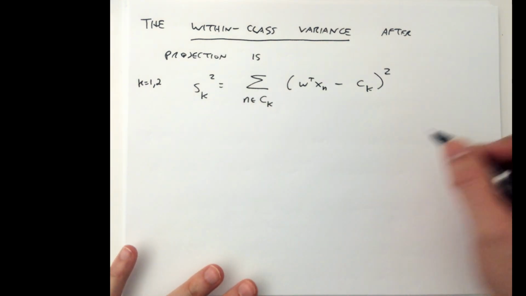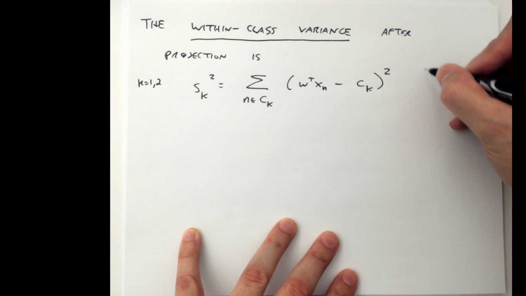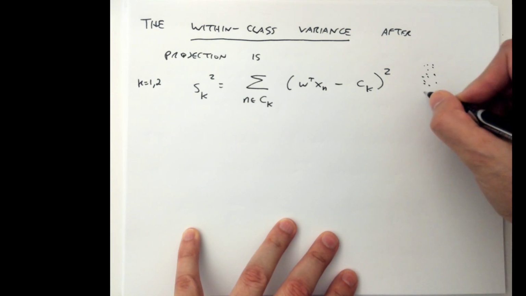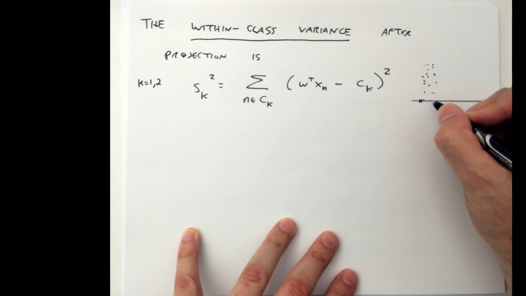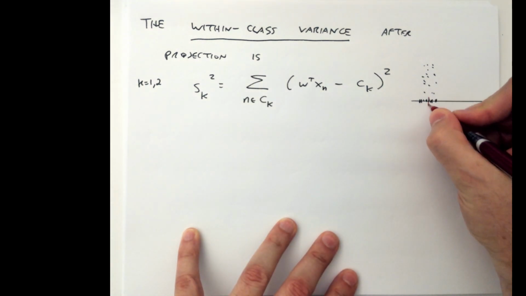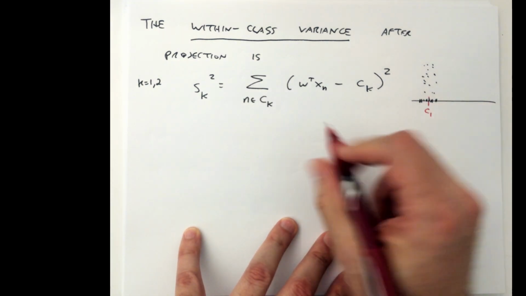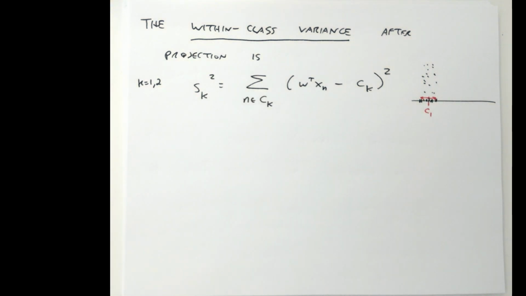So that's basically saying, okay, I have all the points. I project them down onto this line. Now I have a bunch of measurements here. My C1 is the point in the middle, and then this number S1 squared is basically the variance of the points along that axis, right?